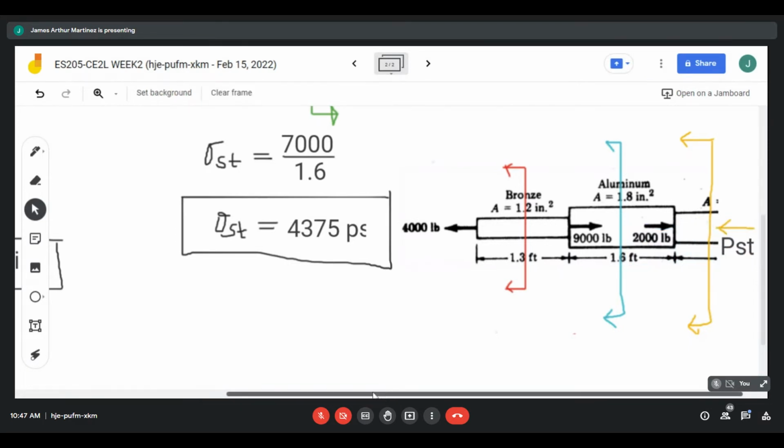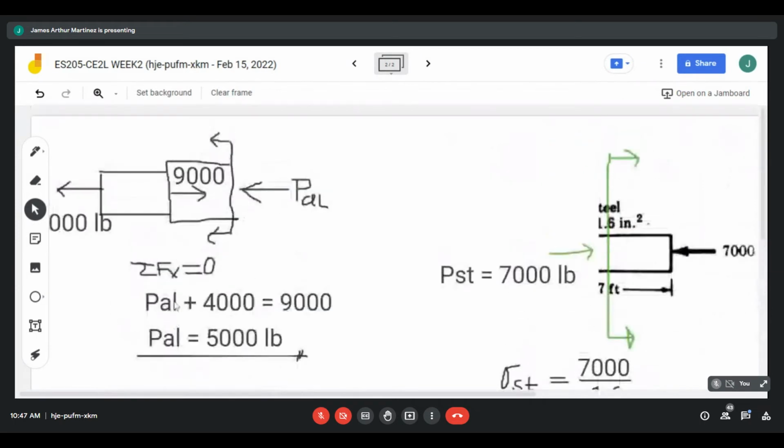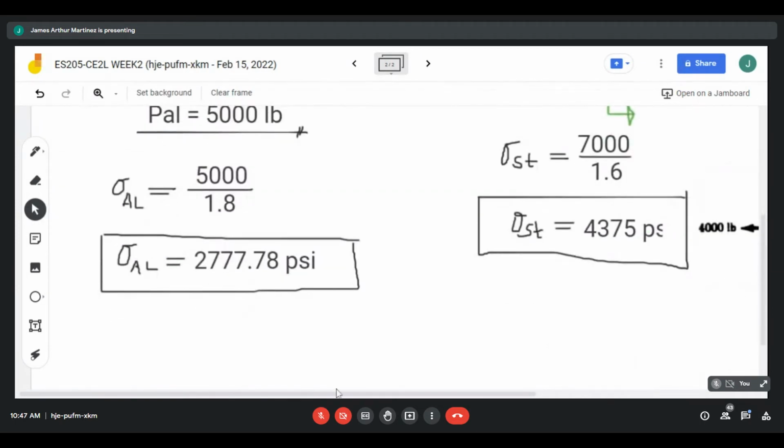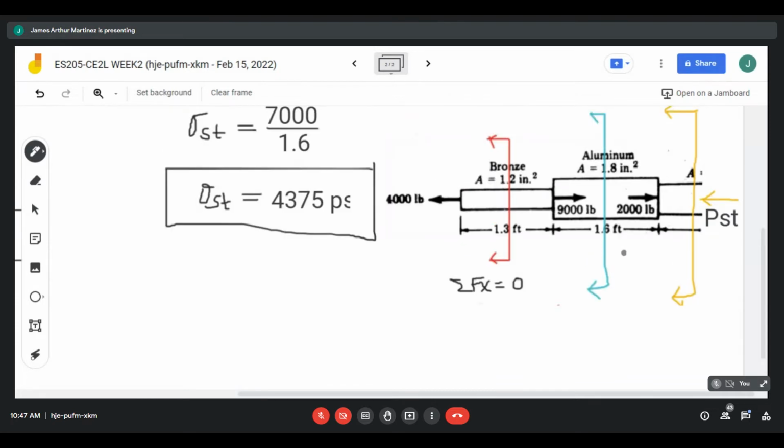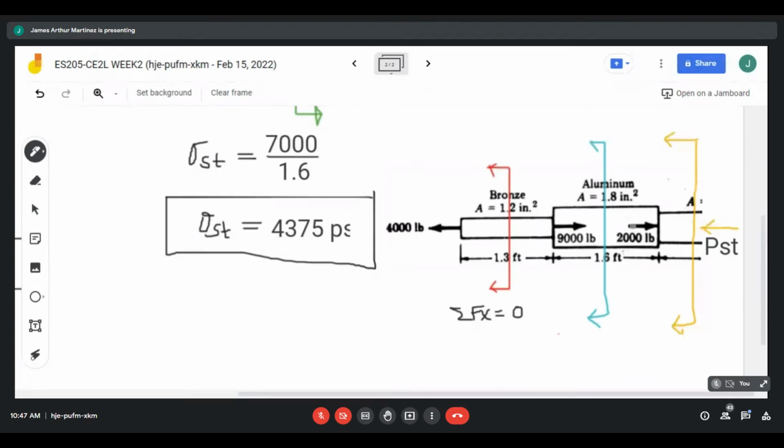So, the same as our analysis of aluminum, we take the summation of forces on the x-axis. So summation of forces on x-axis equals 0. Then on the left side of our analysis of steel, we see which forces are there. So we have 4,000, 9,000, and 2,000.